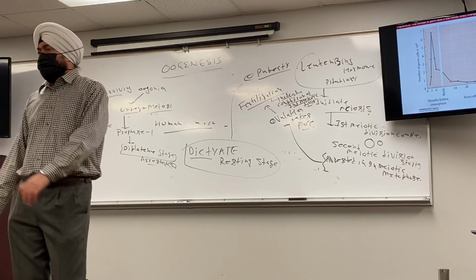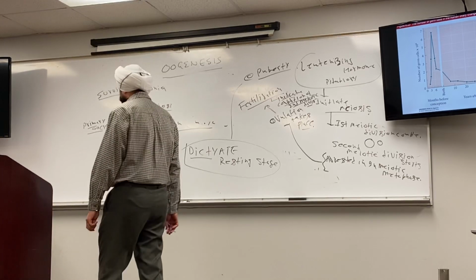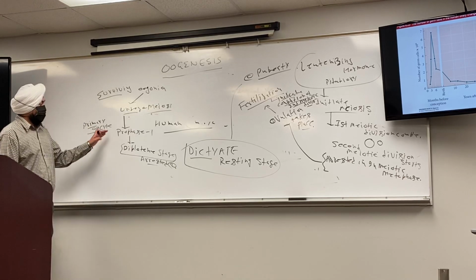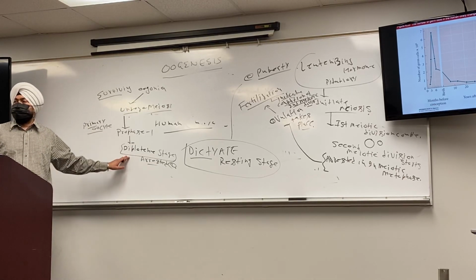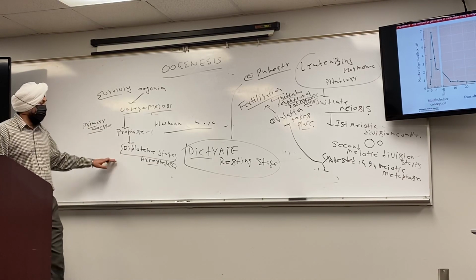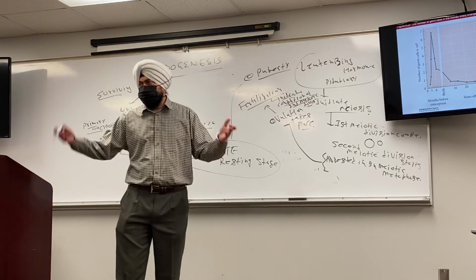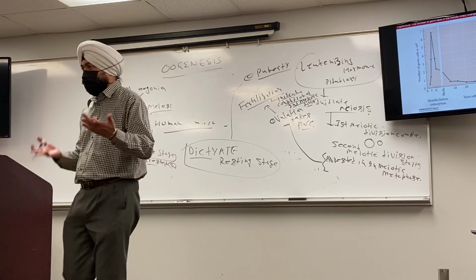So they are called primary oocyte. Primary oocytes start meiosis, and they are arrested in the diplotene stage of prophase 1. And we call them, they are in dictyate resting stage. They stay in that stage for 12 to 13 years till puberty.